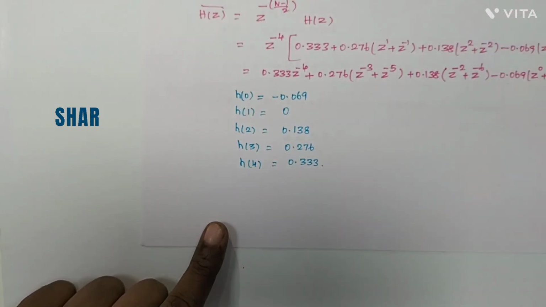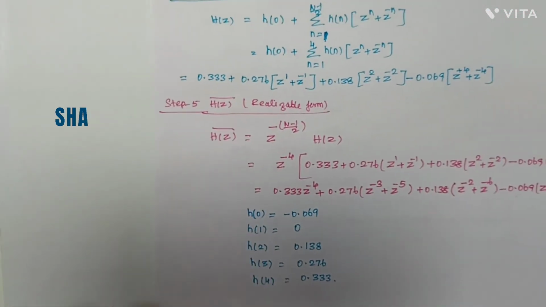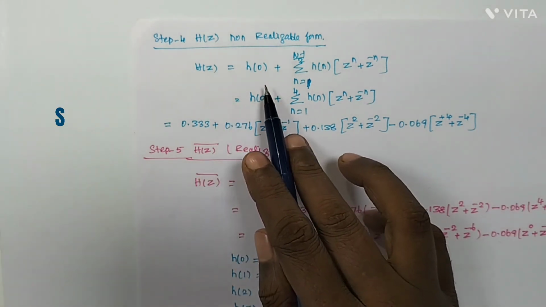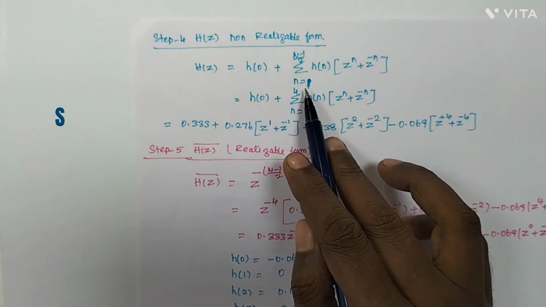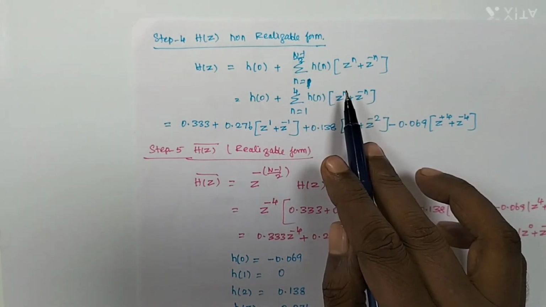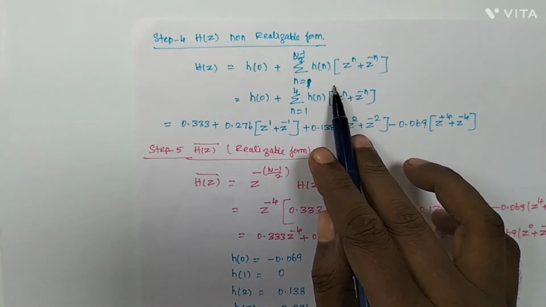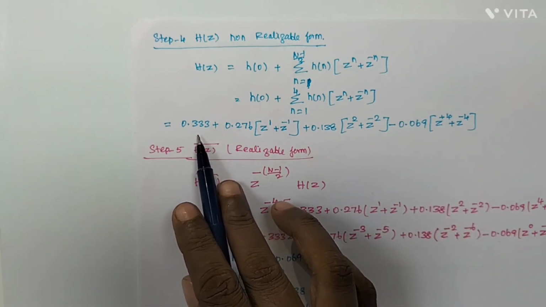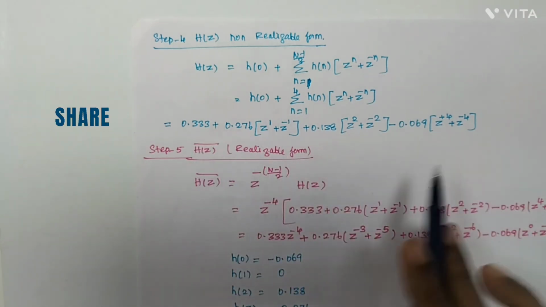Next, step 4, find the transfer function which is in non-realizable form, that is a non-causal filter. H of z is equal to h of 0 plus summation n is equal to 1 to n minus 1 by 2 of h of n into z power n plus z power minus n. From this it is 0.33, 0.276 and so on.